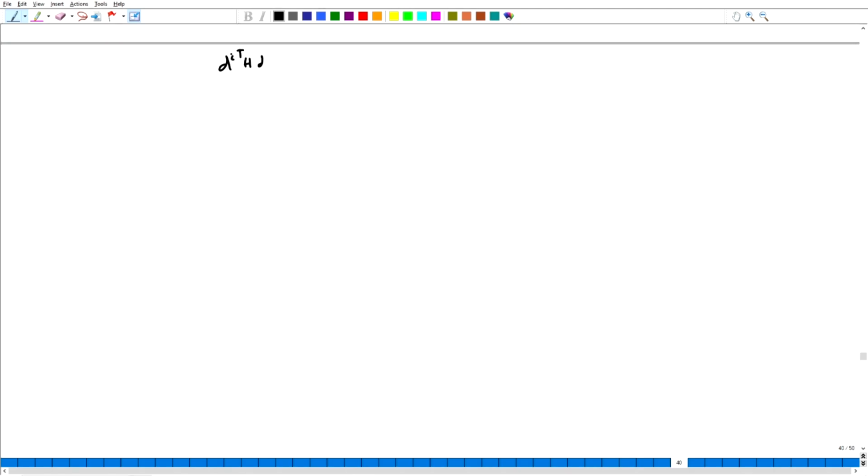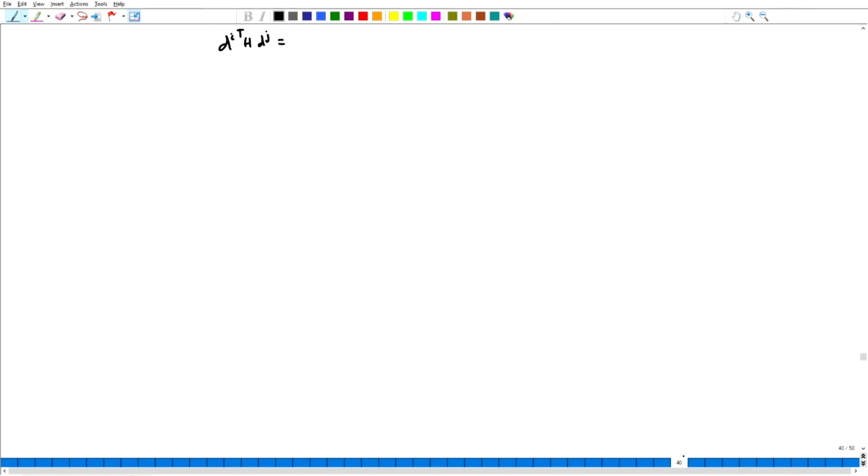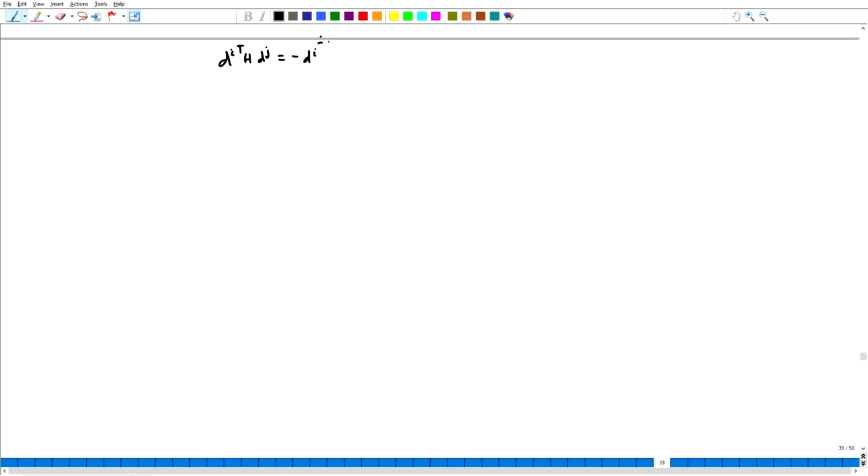Now let us say we put di transpose H dj. So, what I am doing is I am pre multiplying by d transpose H throughout this equation.